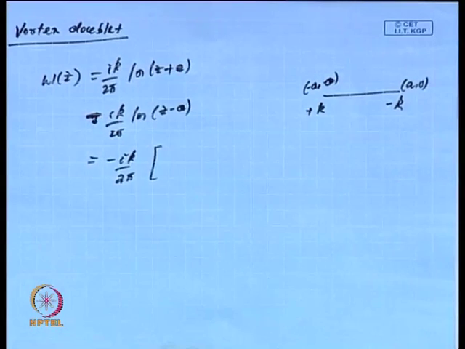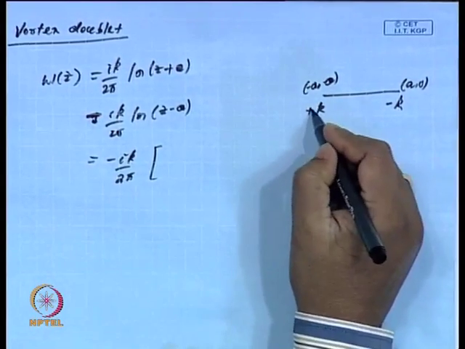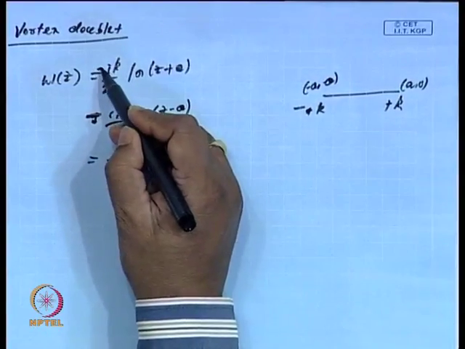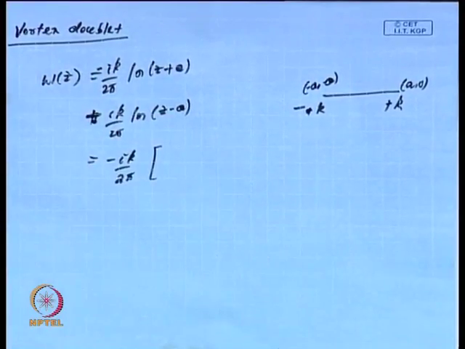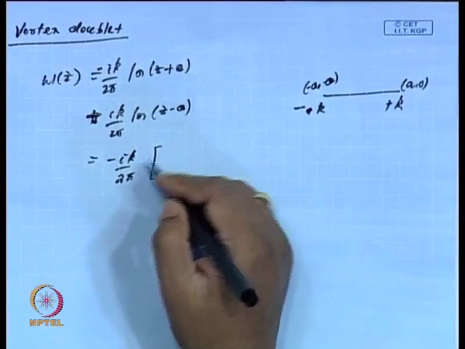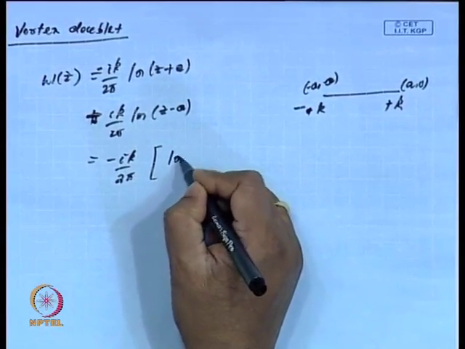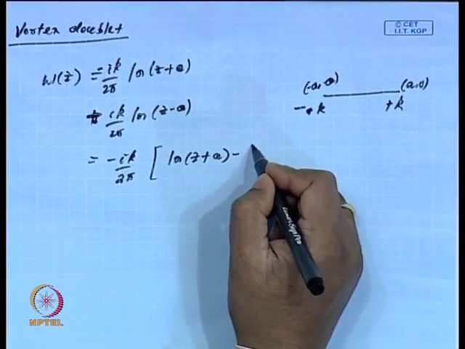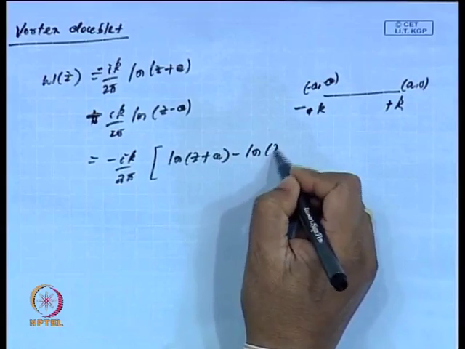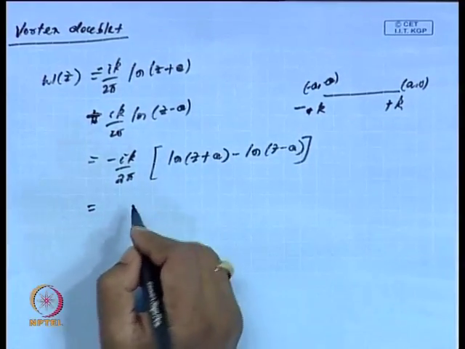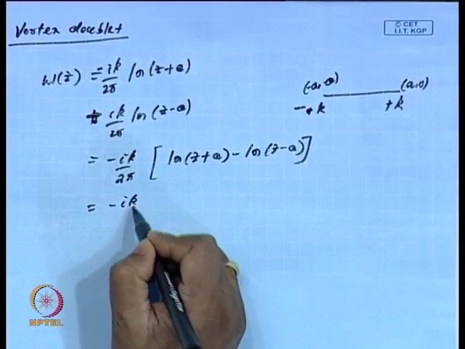Oh sorry, this is minus k, this is plus k. So this is minus, this is plus. So it is i k by 2 pi log z plus a minus i k by 2 pi log z minus a.